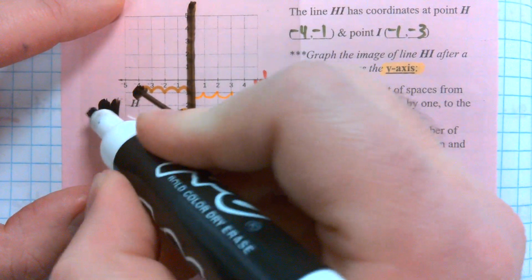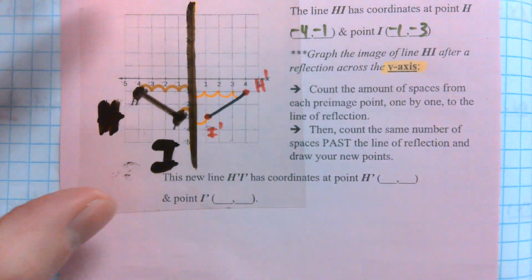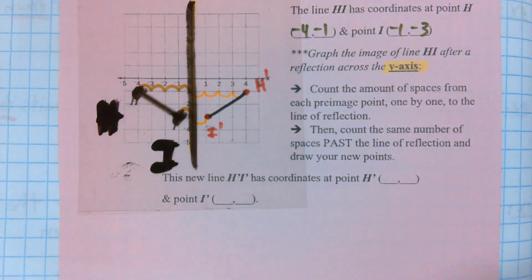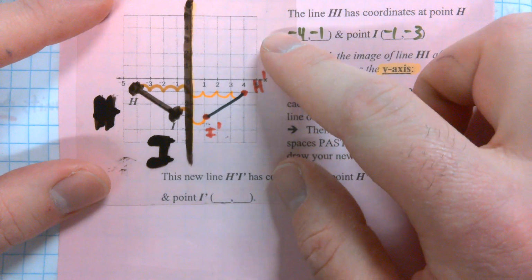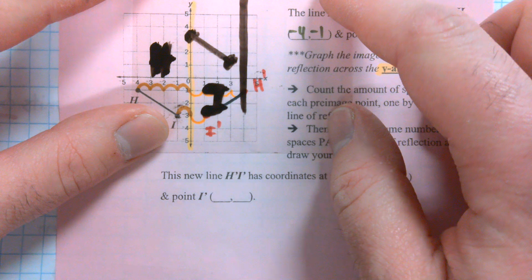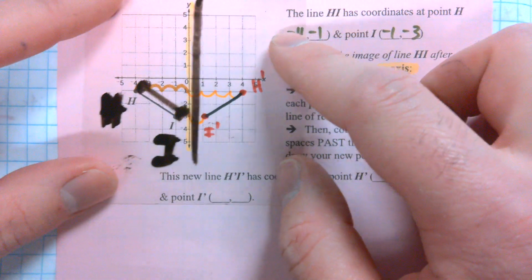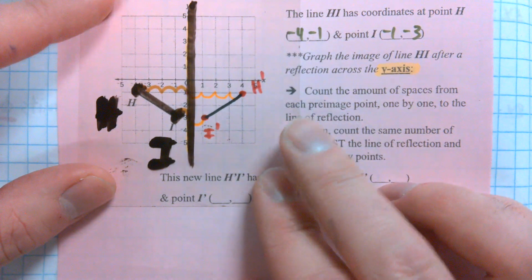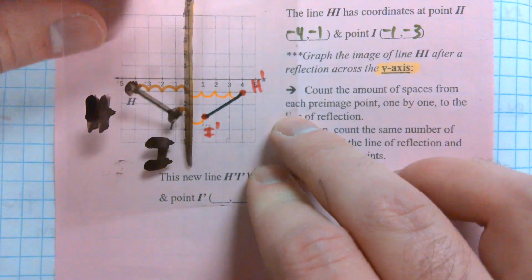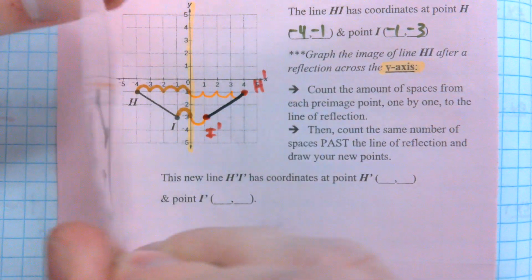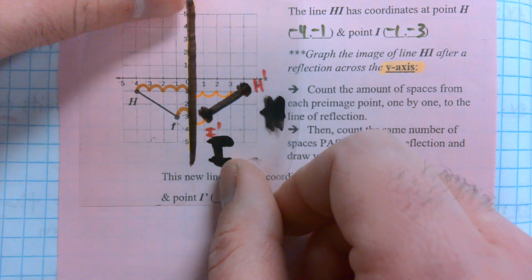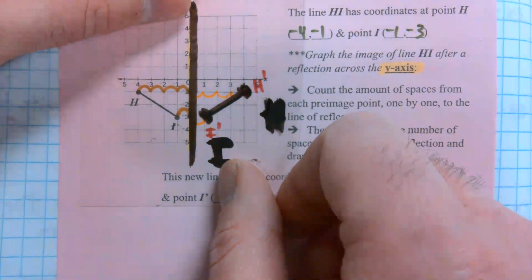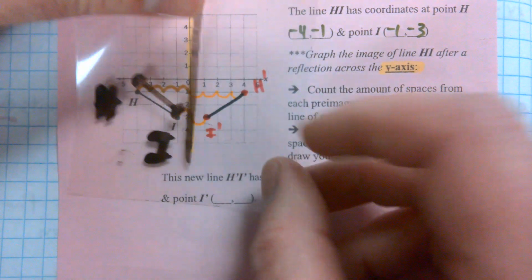Now, we talked about with the translation, we're just sliding that line around. We're sliding it up, sliding it right, sliding it down, sliding it left. But what we're doing here is we're taking this entire line and we're flipping it around like so. Do you see that? How we landed right on top of our new line, H prime, I prime.